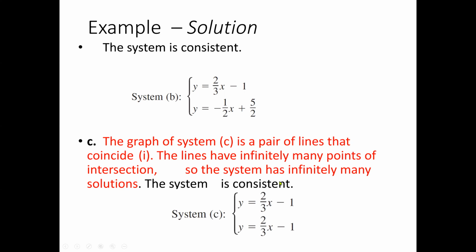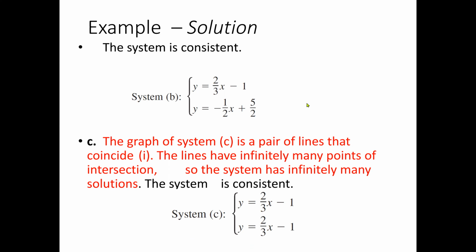In the third one, we can see the slope is the same, and the intercept is also -1 and -1. So this is consistent with infinitely many points of intersection. The two graphs are the same. Now the first system has 2/3 x plus 1 and 2/3 x minus 1, which means the graphs are not the same, but the slopes are the same.